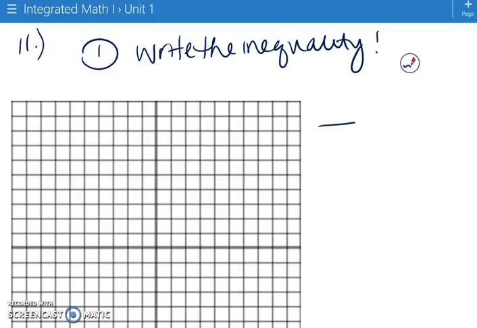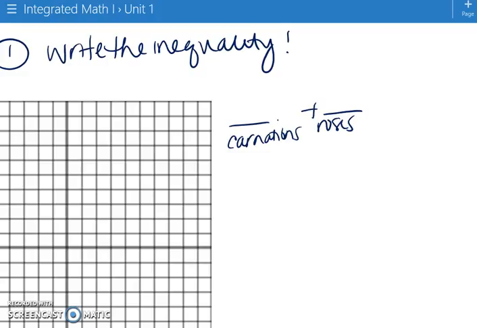He wants to buy carnations and roses, but he only has $20. So that means whatever he gets has to be less than or equal to $20. So let's let x stand for carnations, y for roses. Carnations are $1, roses are $2. So that's your inequality. I want you to go ahead and graph this inequality.